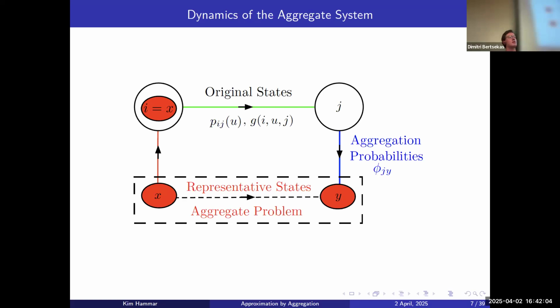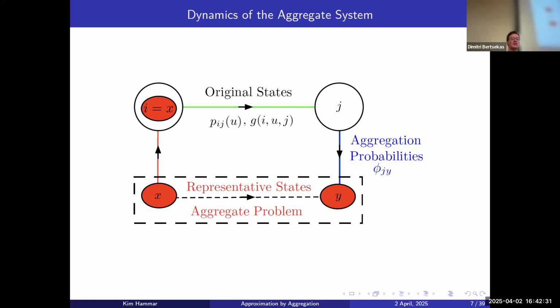So this means that now we have a system where we can transition from a representative state to another representative state in a controlled manner. So it's a controlled dynamical system. And this, you can now see quite clearly, will allow us to formulate an aggregate dynamic programming problem with a much smaller state space, only focusing on the representative states. So we obtain this dimensionality reduction that we want.